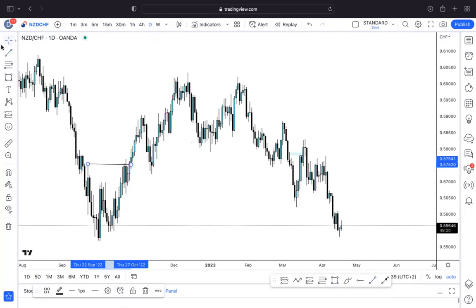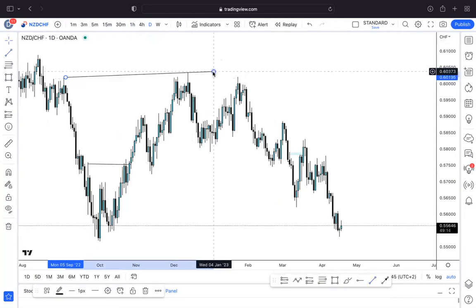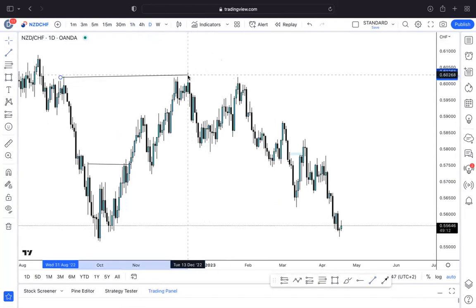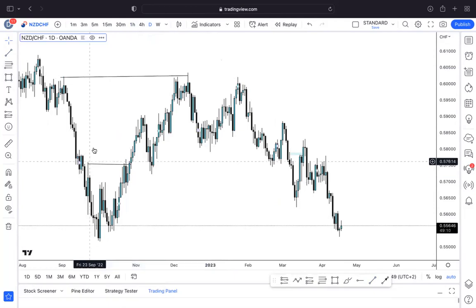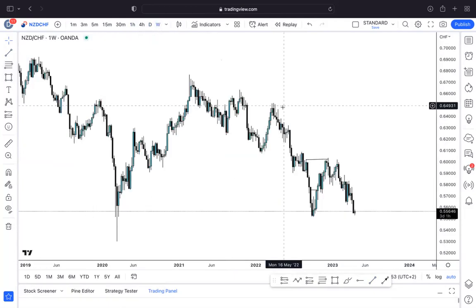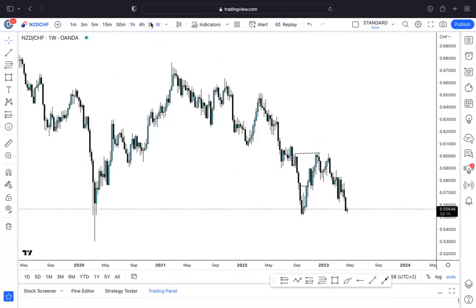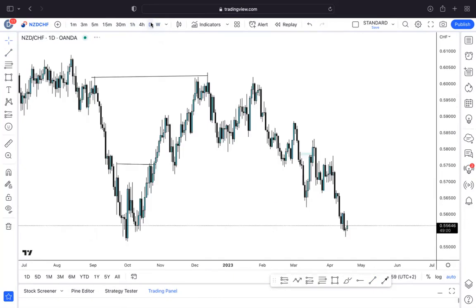These are all weak highs. So to me, the market is still bearish, because all these highs here are minor highs. So I think we're going lower into this order block. But for now, I'm just staying away.